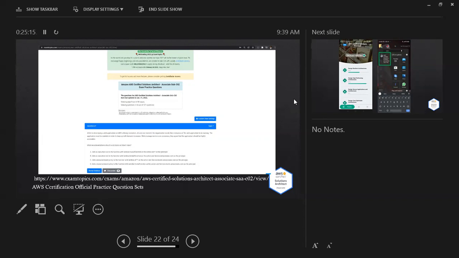And on Exam Topics, as you can see on the page, we have like 577 questions, but you only have access to 300 or 350 questions. For you to have access to the rest, you have to subscribe to their contributor access. But guys, one of the things you need to know is that on Exam Topics, the questions are quite similar to what you are going to be expecting in the exam.